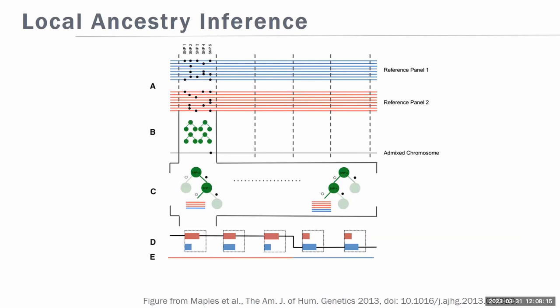There are various methods to do that. We used a method called RFMix, and I've just stolen the figure here to explain roughly how it works and what you need to get it working. You need genotypes from the ancestral populations, which you assume are pure, and you take them as a reference panel. Then you look at small windows of the genome and train a classifier to classify whether any new haplotype in this window comes from one ancestral population or the other.